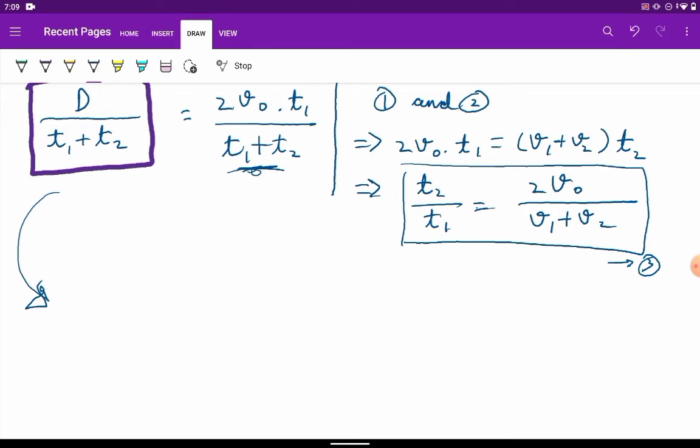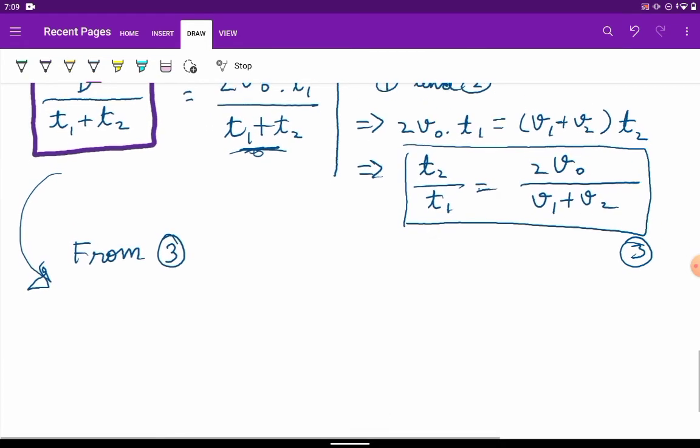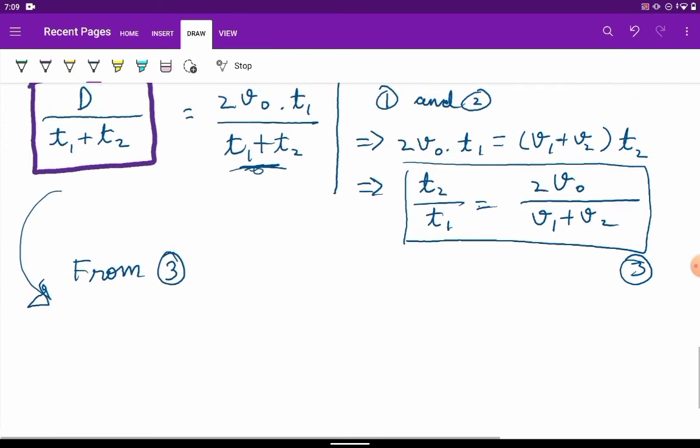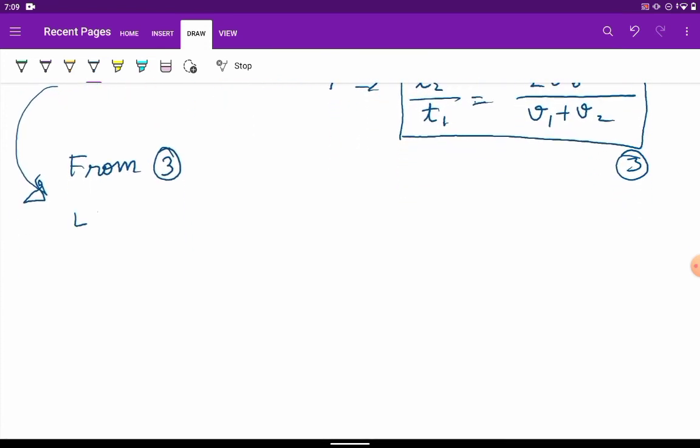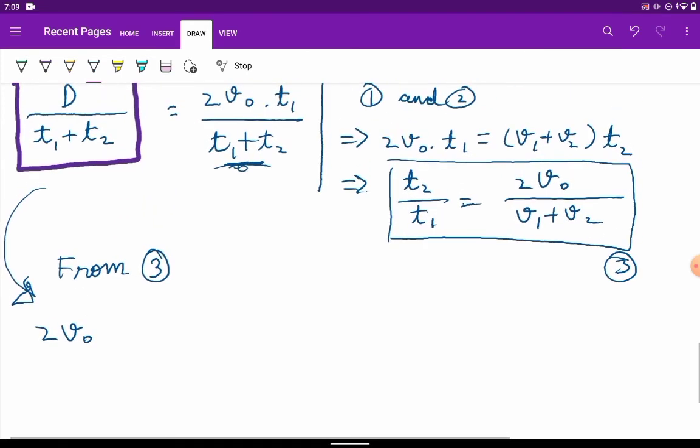Now consider 2 v naught t1 by t1 plus t2.